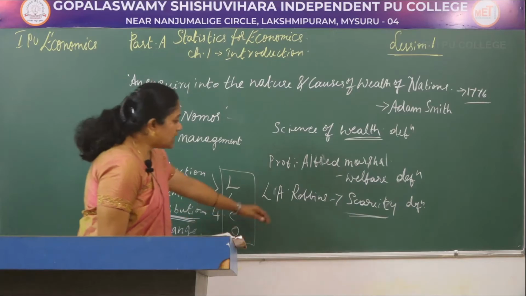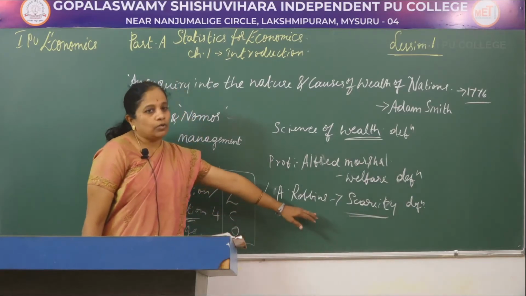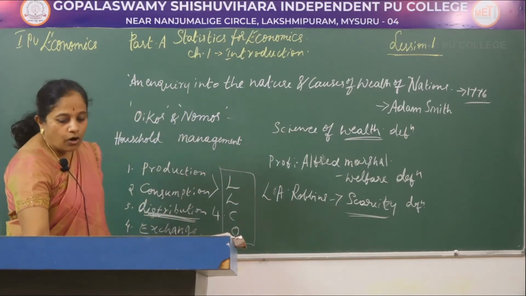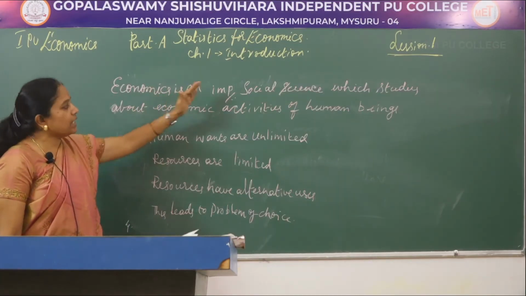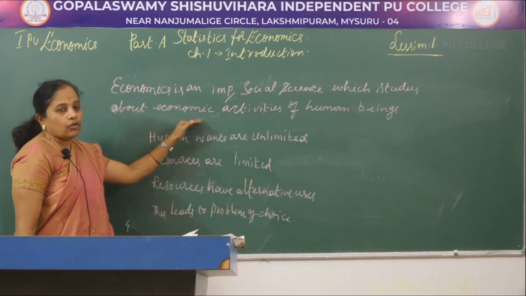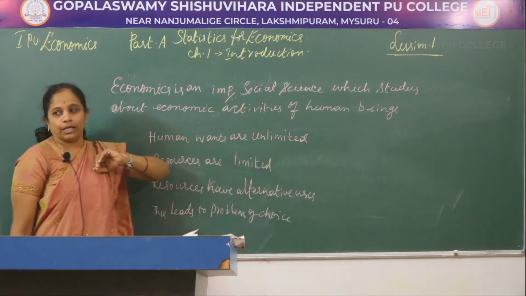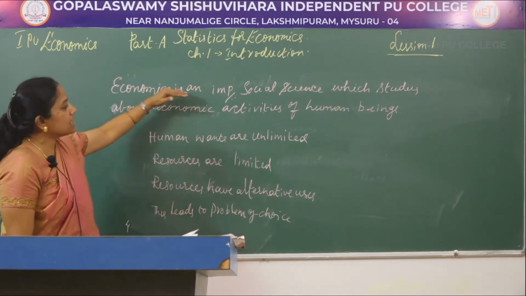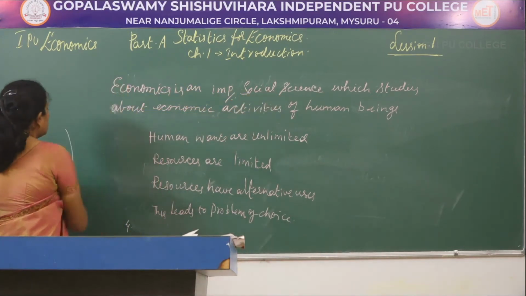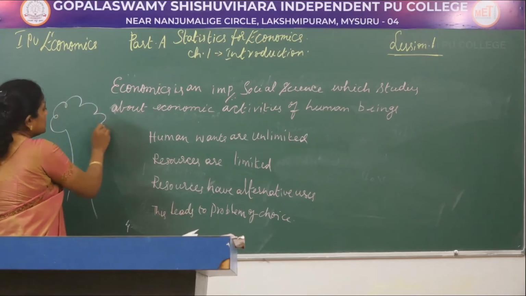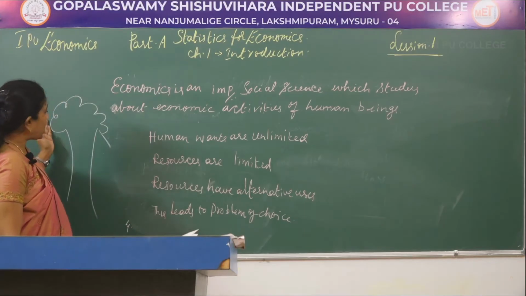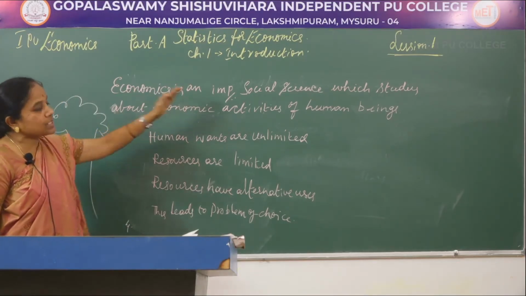So let us see once again why we are following the scarcity definition and why it is so apt these days. You all know that economics is an important social science which studies the economic activities of human beings. In the tree of knowledge, economics is one among the other branches, and all the other branches have economics in them.